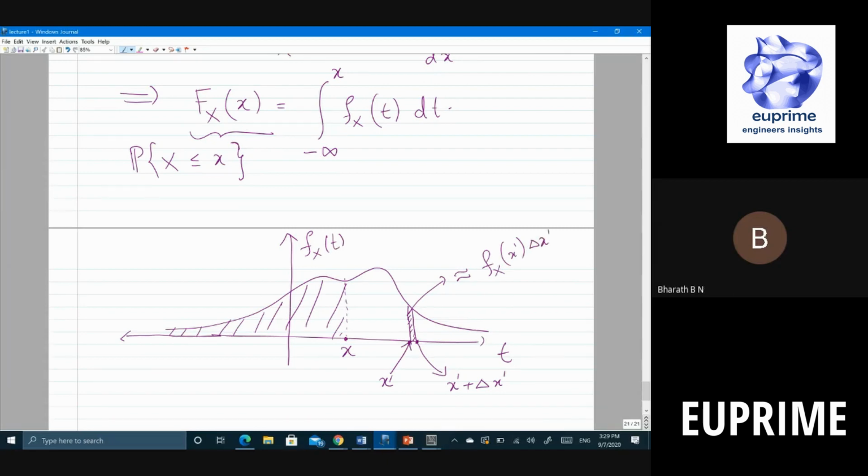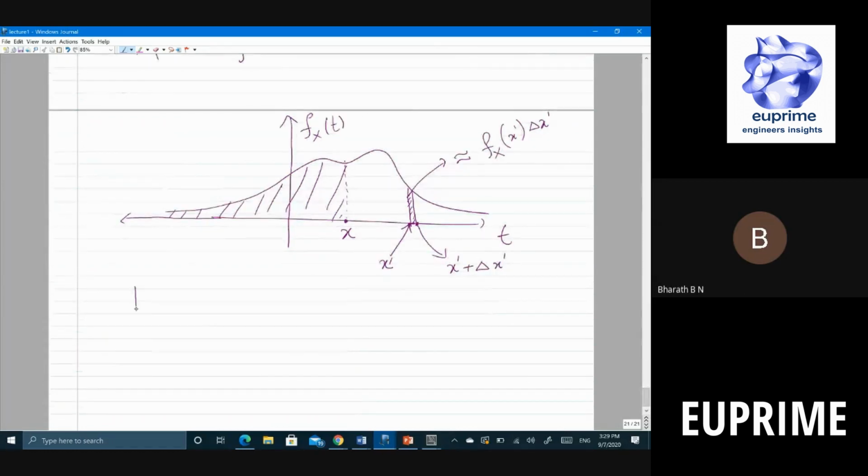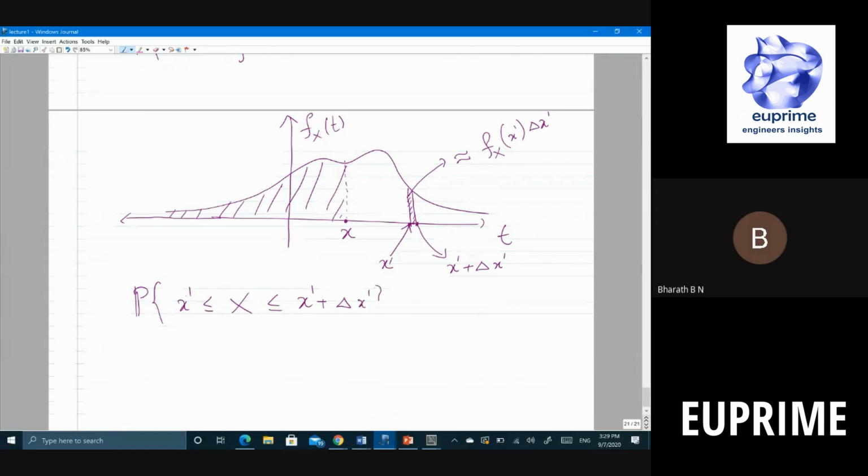So what does this area give us? The area gives me the probability that X falls in this small interval. I've been very sloppy here, but intuitively this means the probability of X falling between x dash and x dash plus delta x dash is approximately equal to f(x dash) times delta x dash.